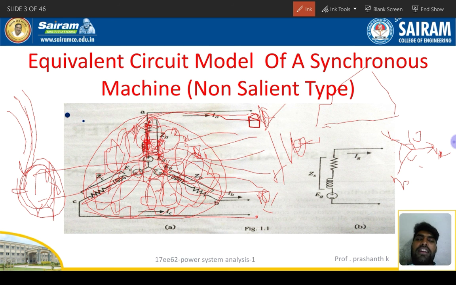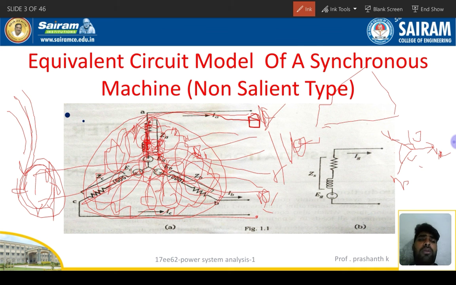Particularly, why did they keep this synchronous generator or synchronous machine in the power plant? Because it produces AC. You might have a doubt: why is DC not placed in the power system components? Because whatever we are generating is always AC, keep it in your mind, not DC.